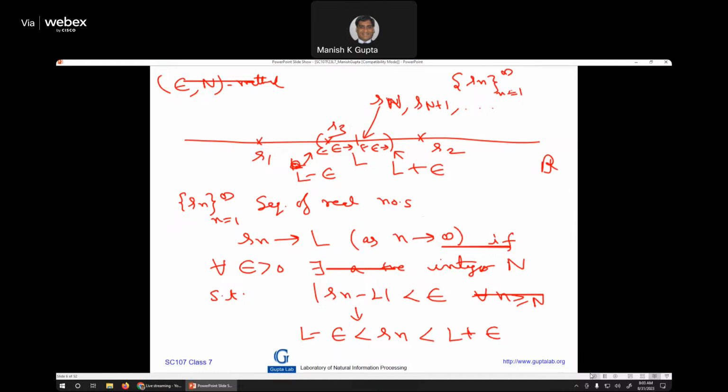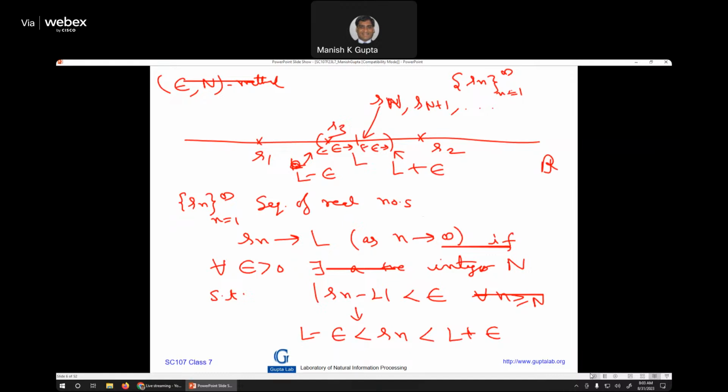This also reads sometimes as for sufficiently large n. For smaller n's, it's okay if they are far away, but for sufficiently large n, they are very, very close. That means the terms of Sn lie in the neighborhood of capital L for all values of small n greater than capital N. So starting from S(N+1), S(N+2), and so on. Right. So that was the thing.